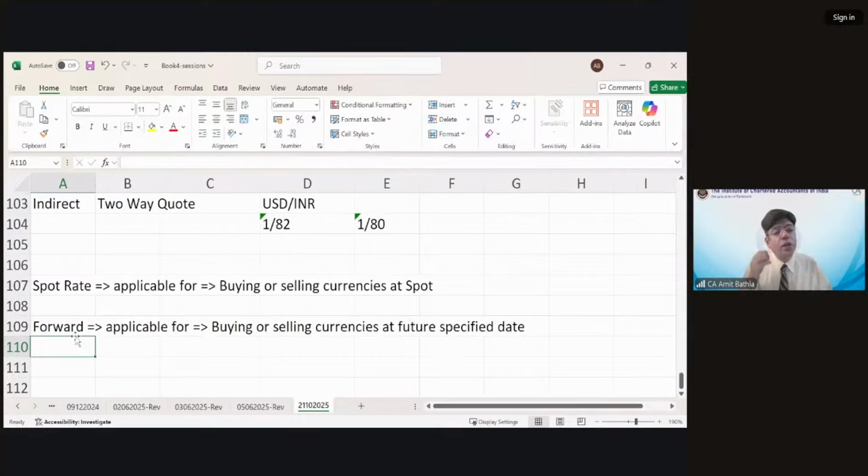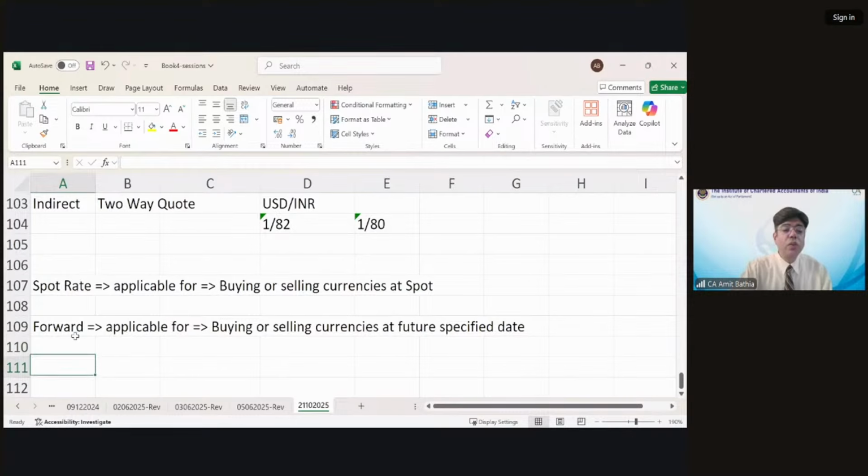Is it necessary that the future price of the currency will be the same as the forward rate given to you? The answer is no. The only certainty it provides is that it restricts your obligation. Your liability is limited if you fix that particular forward contract.